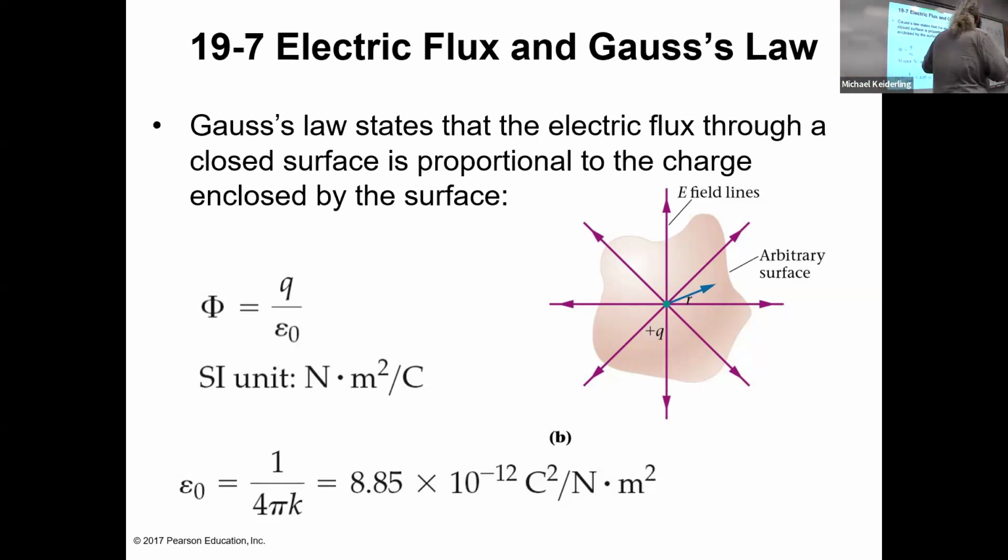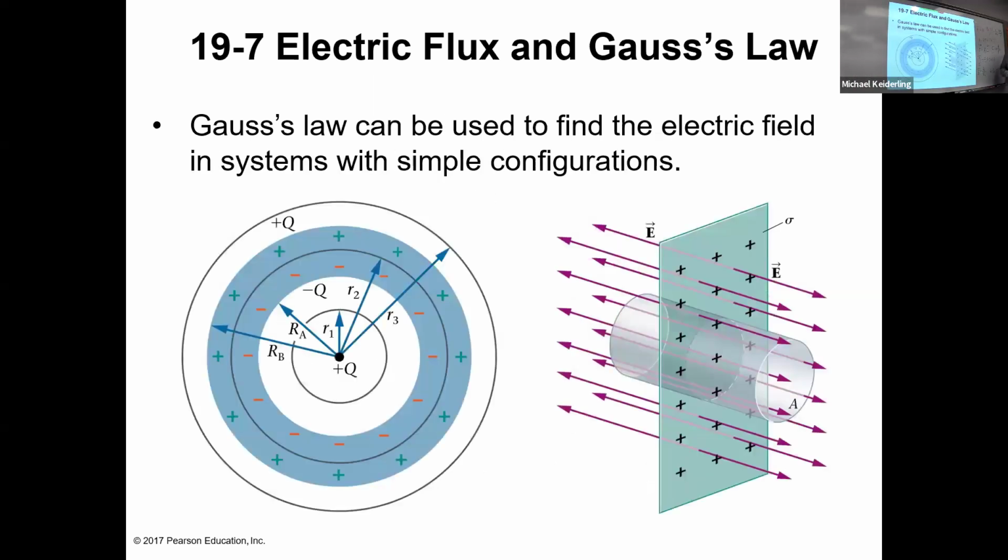You can actually generate this electric field law for a point charge from Gauss's law. So if you have systems with relatively simple configurations, nice and symmetrical, so you know which direction the electric field has to point, you can work out the electric field using Gauss's law.